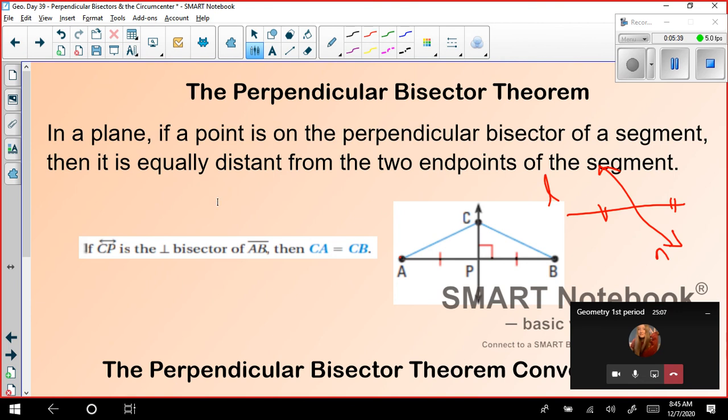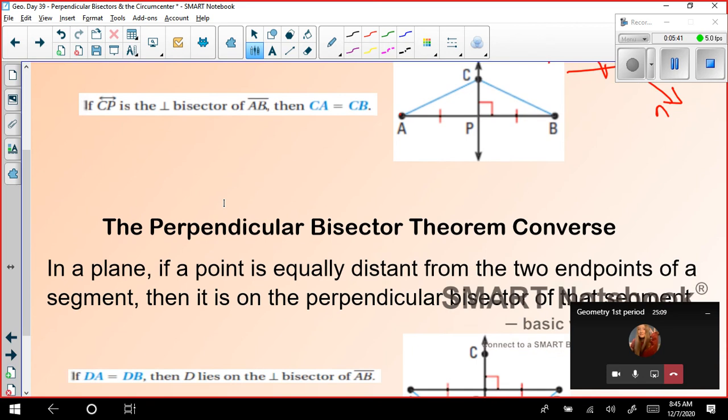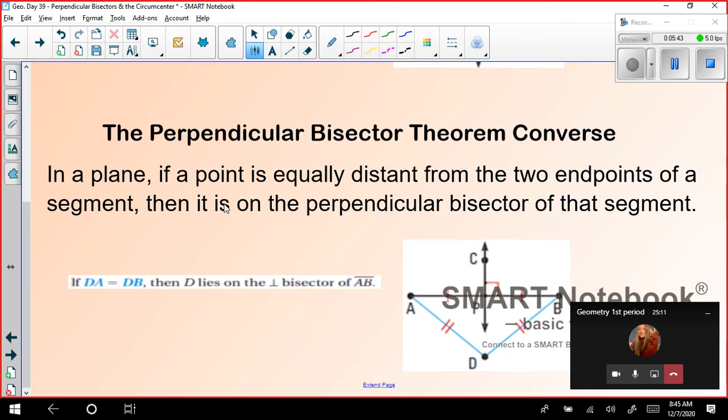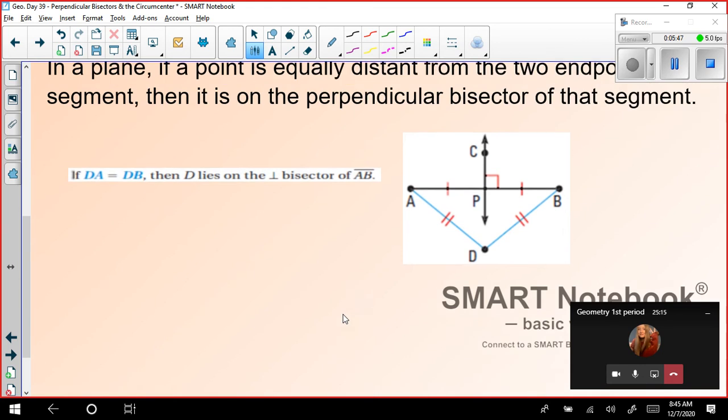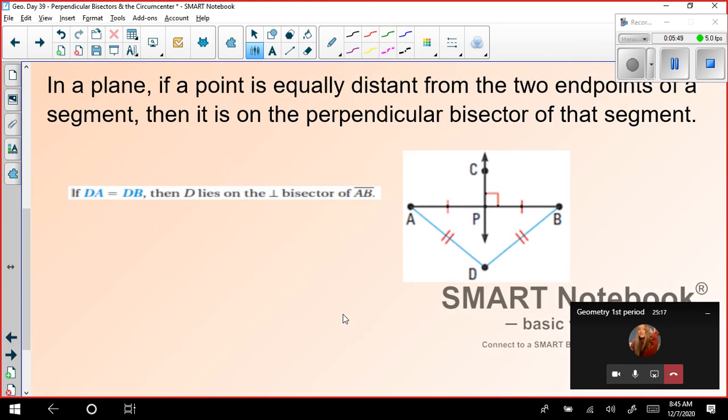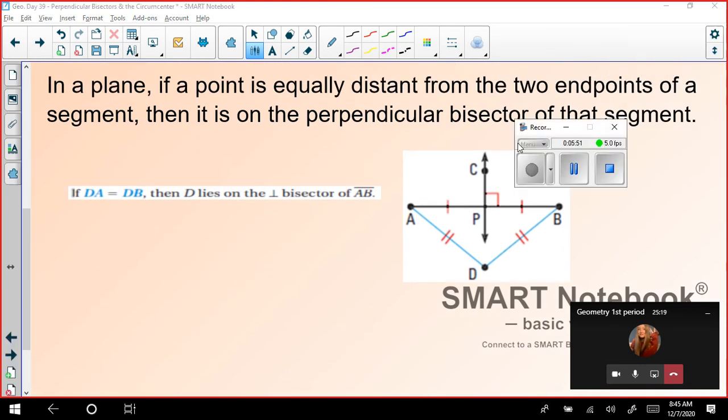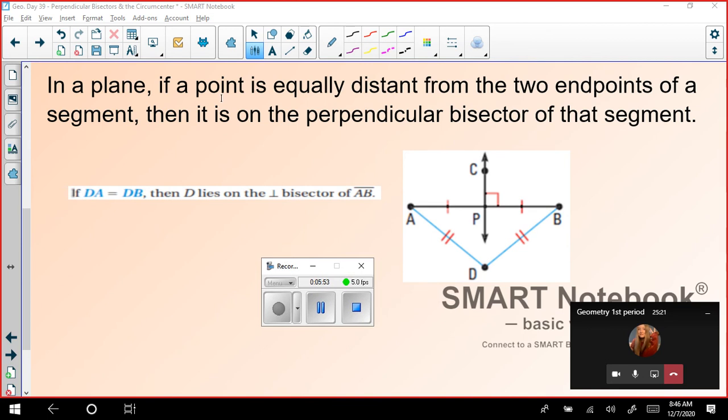We saw what the perpendicular bisector theorem is. Let's see the converse. In a plane, if a point is equally distant from the two endpoints of a segment, then it is on the perpendicular bisector of the segment.